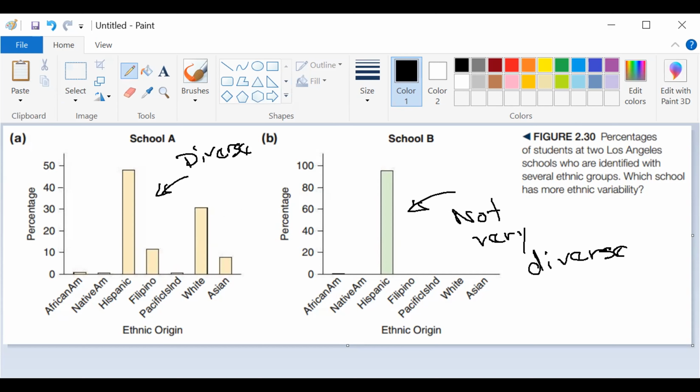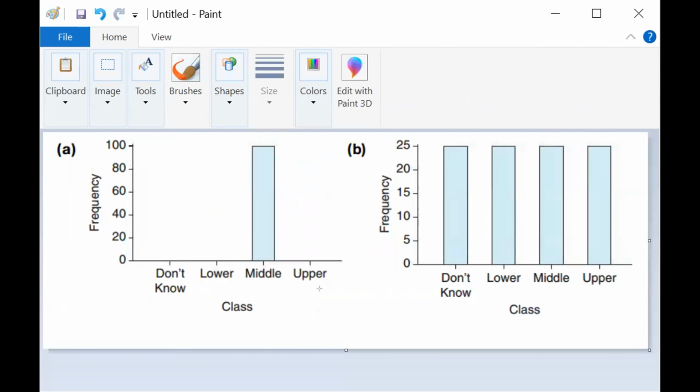Let's look at another pair here. Okay, so here's another pair. This pair represents the possible outcomes if you were to ask a group of people what their class is, what their standard of living is, and it represents the 2 extremes. The point I wanted to make by showing you this is, what do the 2 extremes look like?